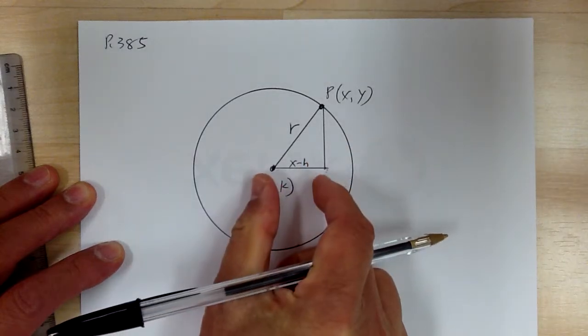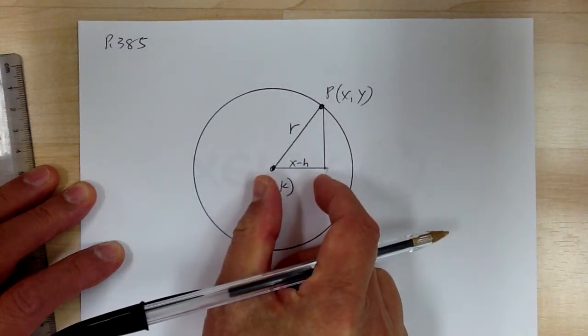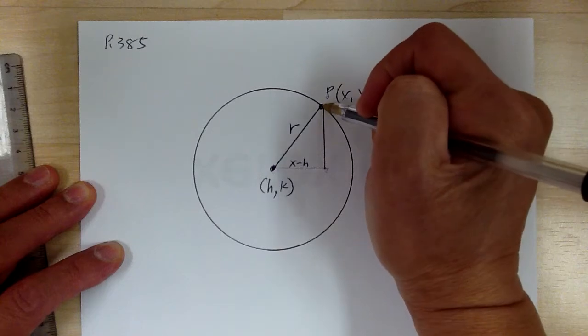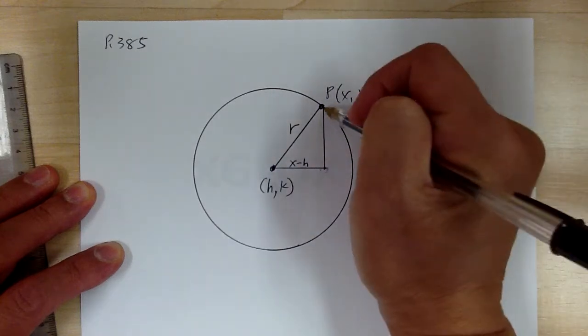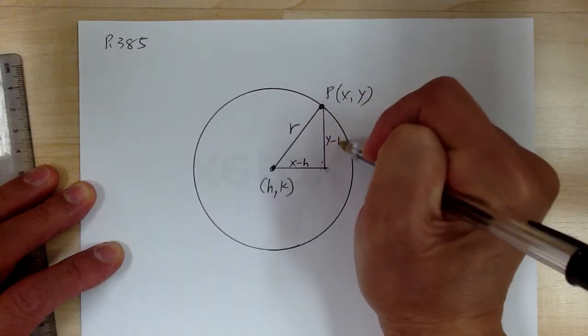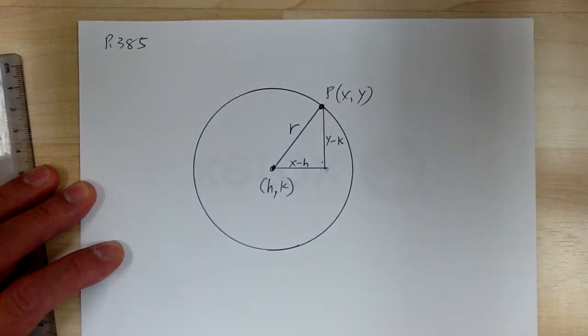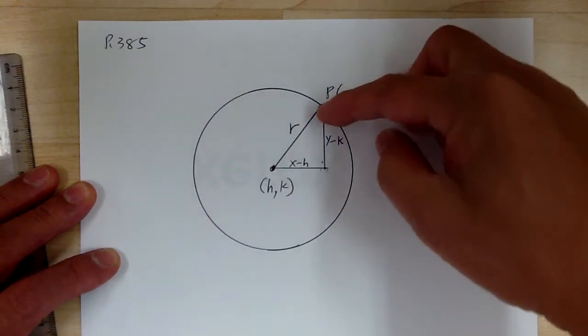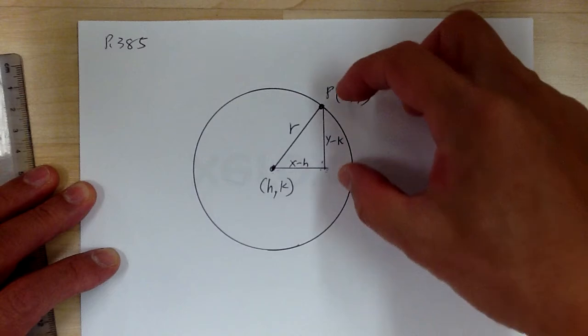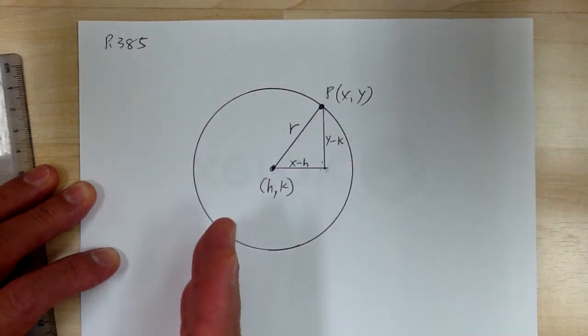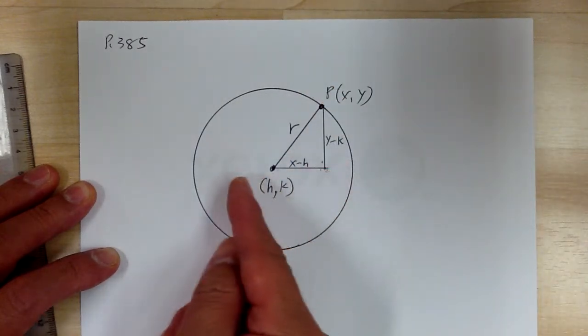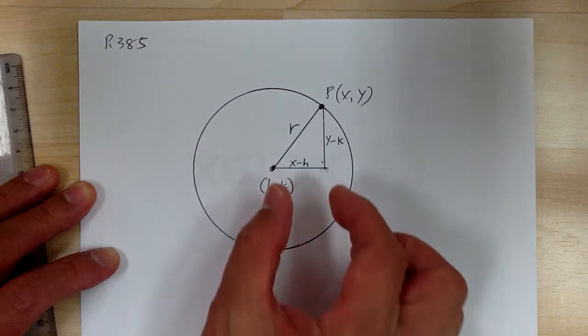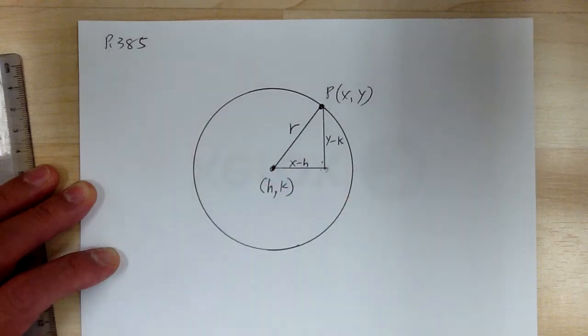That's how you figure out the distance, by subtracting the 2 points. Now, this point over here is y, and this is k, so this distance would be y minus k. Again, look at the x: here's the x, here's the h, so this distance would be x minus h.